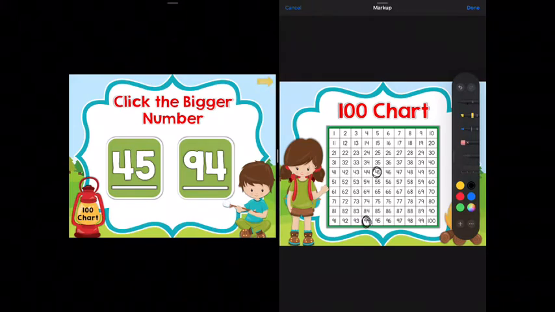Which number is bigger? 45 is all the way up here. And 94 is all the way down here. And if we keep going down, the numbers keep getting bigger. So I would say 94 is the bigger number.